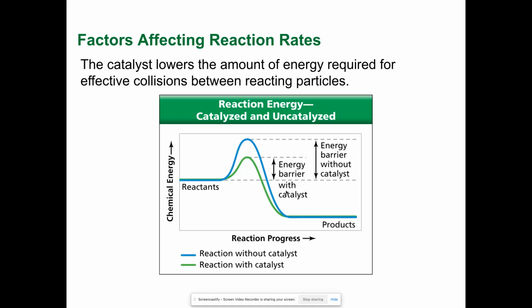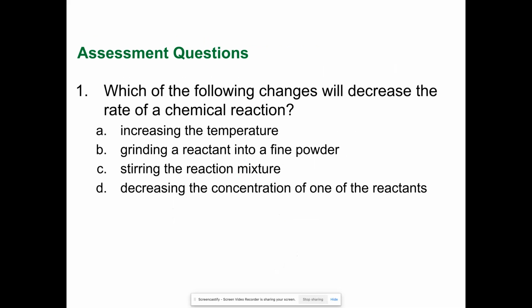So when you add the catalyst, the green line is with the catalyst. When you add the catalyst, it lowers that energy barrier, and that causes the reaction to move quicker. It increases the reaction rate.